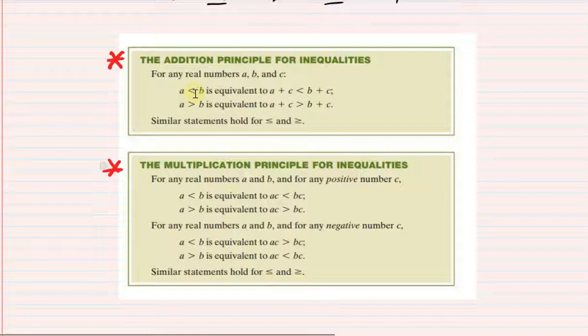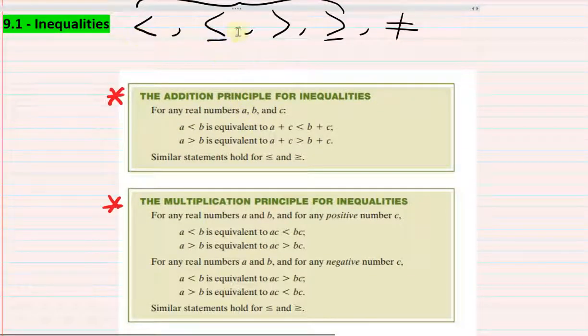By the way, less than or greater than makes no difference. I'm just illustrating this using these 2 inequalities. The addition principle works for all 4 inequalities, so all you need to know is the first one.